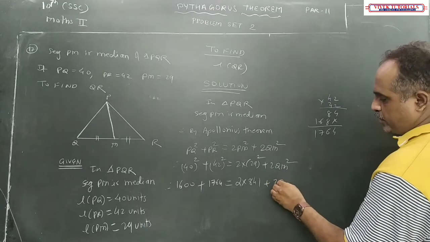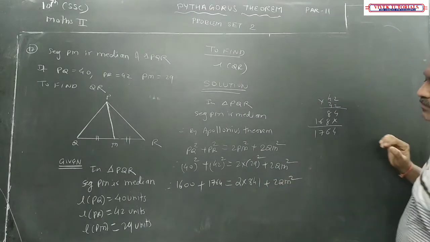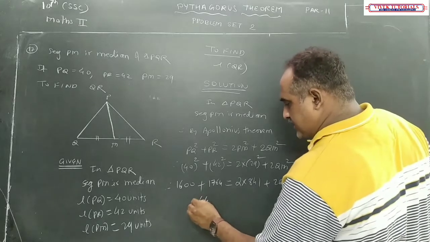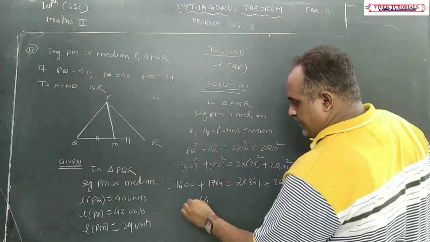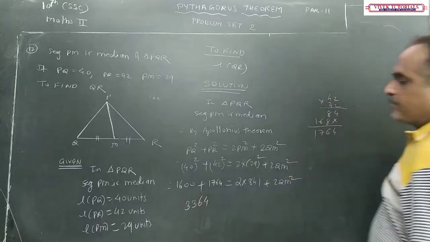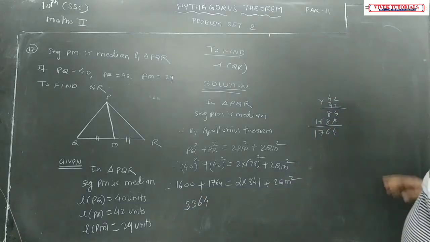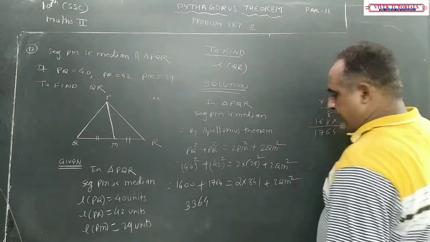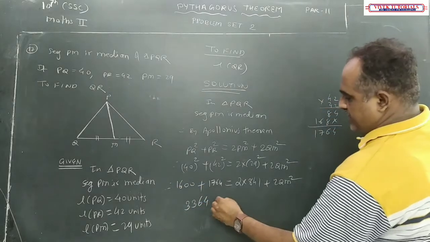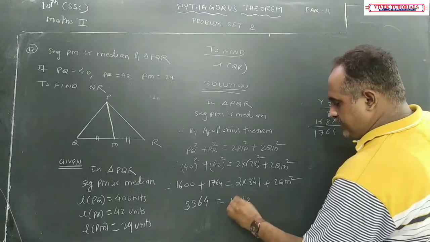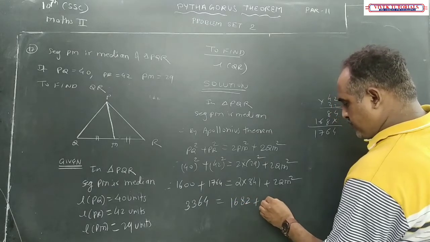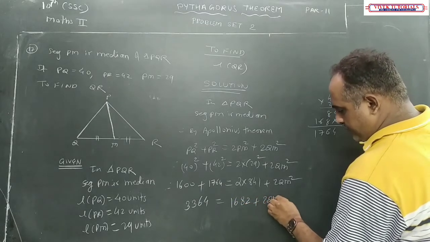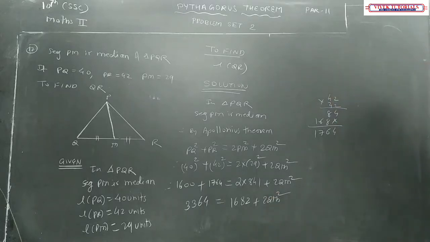Plus 2QM square. So we are getting 4 6 3 3. And it is 4 6 3 3 is equal to 2 8 16 plus 2QM square. Have you understood this now?